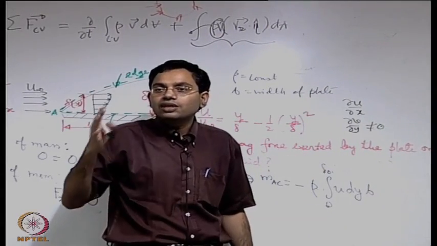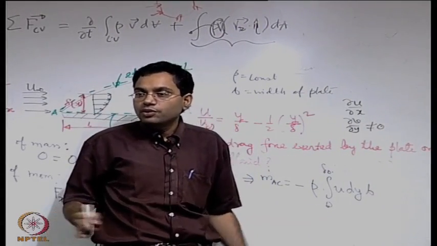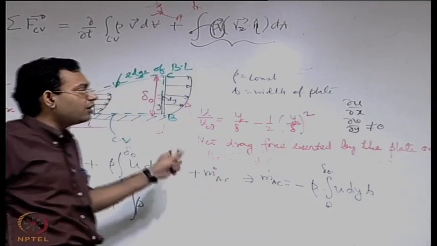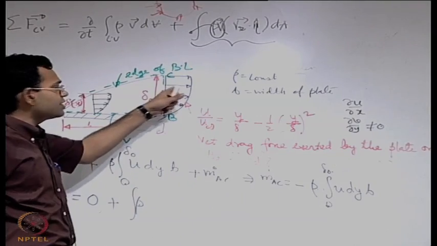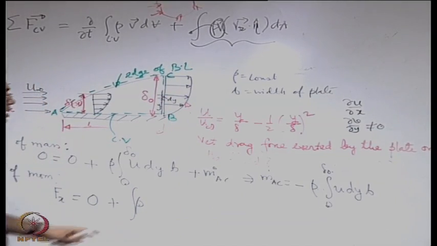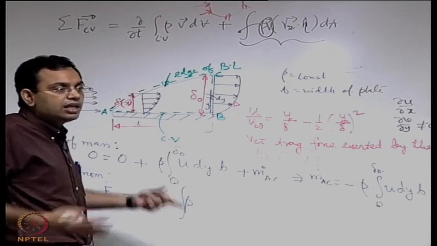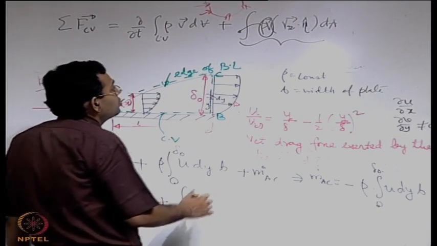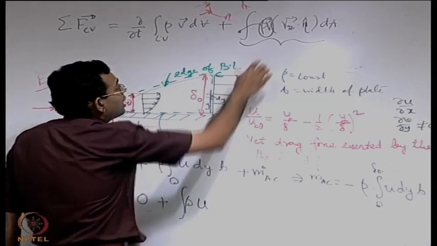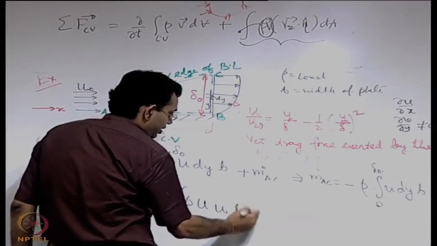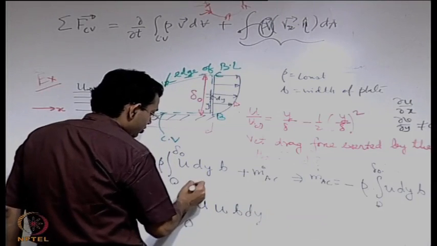From the continuity equation you can find out how the y component of velocity varies, but it is much smaller than the x component of velocity. But when you are writing the x component of force, only the x component of velocity is important. So rho u, and then again u b dy from y equal to 0 to delta naught.